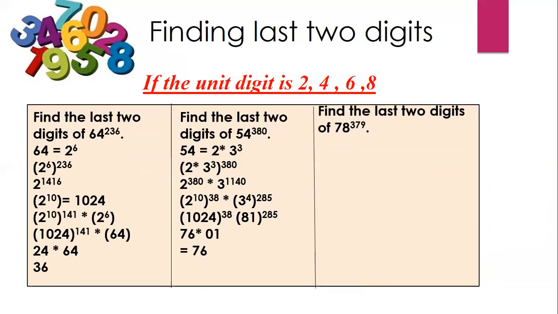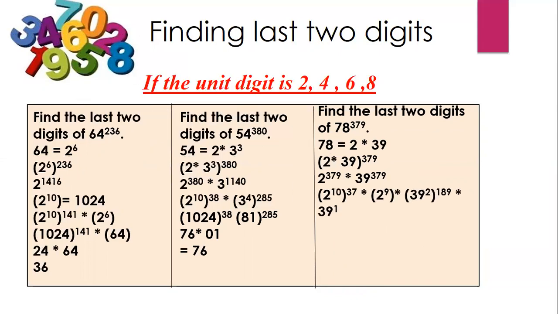Now find the last two digits of 78 power 379. Same way, 78 is nothing but 2 into 39. So 2 into 39 to the whole power 379. So 2 power 379 into 39 power 379. 2 has a cycle of 10, so 2 power 10 to the whole power 37, into 2 power 9.